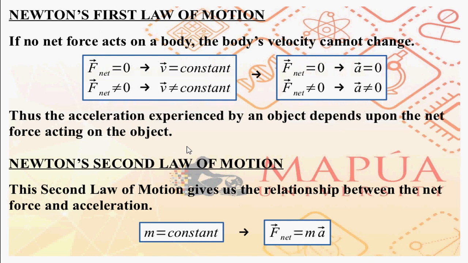Newton gave us 3 laws of motion relating force to the motion of an object. Newton's first law of motion tells us if no net force acts on a body, the body's velocity cannot change.